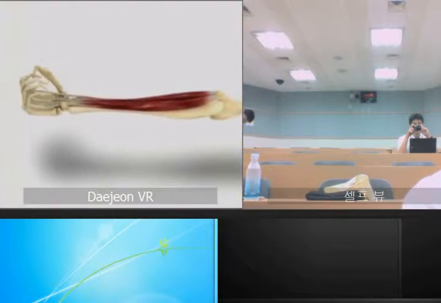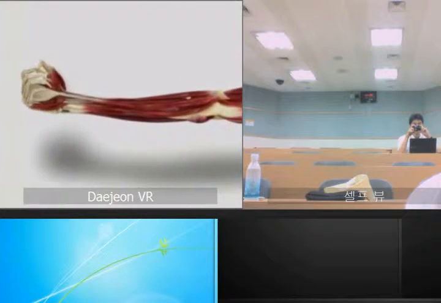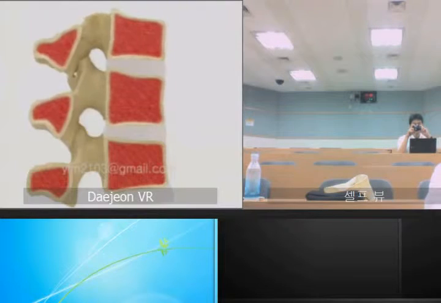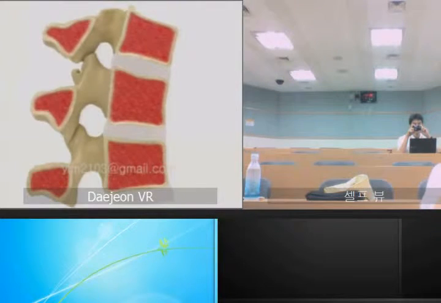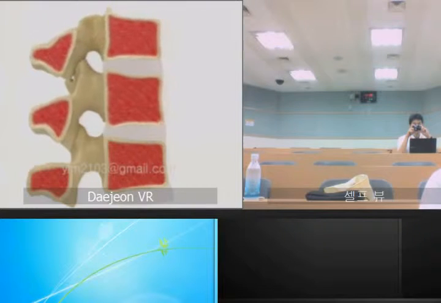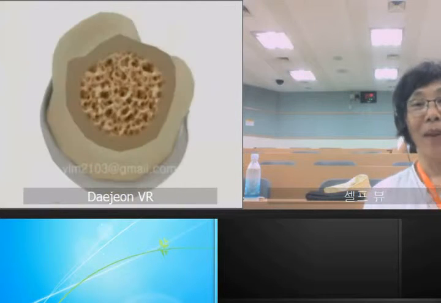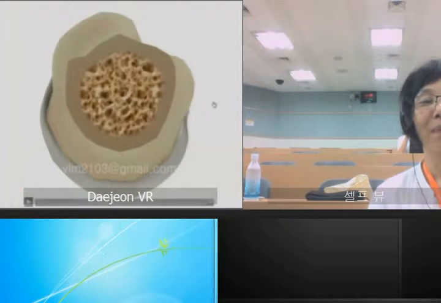Additionally, we want real motion with the real bone data. That's what we call kinematics. And we also want to see the change after the motion of the spine or other joints.